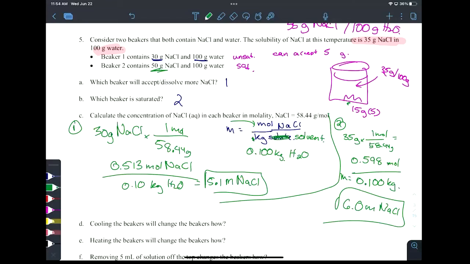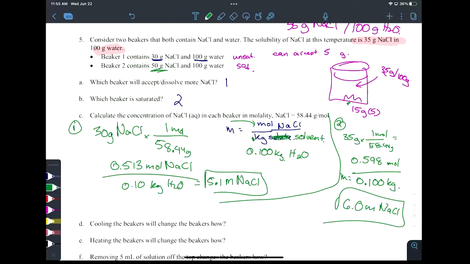Beaker 1. We'll accept more, meaning that... I think you might be misunderstanding the question. If I have a big glass of water and I put a tiny bit of salt in it, and I took another pinch of salt and put it in, would that second pinch dissolve?